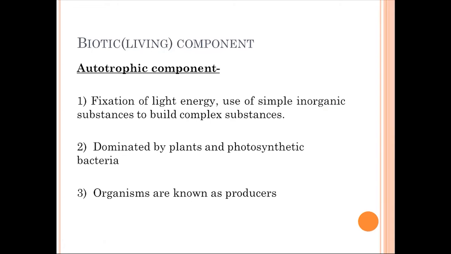Now the first category is the autotrophic component. Auto means self, trophos means related to nutrition. Therefore, organisms that are capable of producing their own food are called autotrophs.